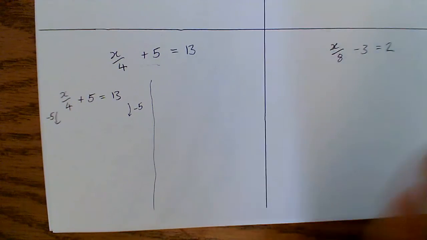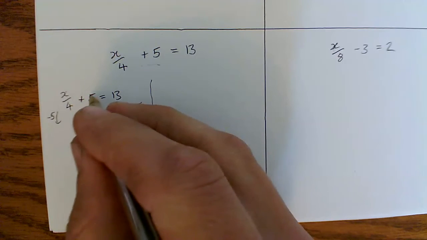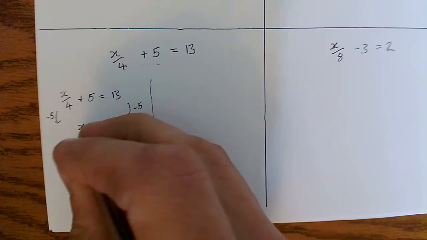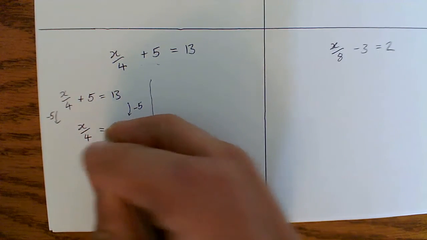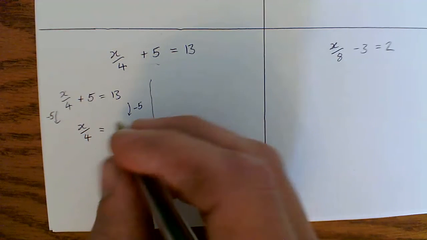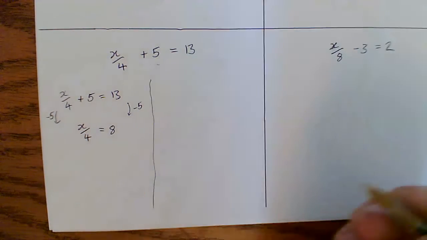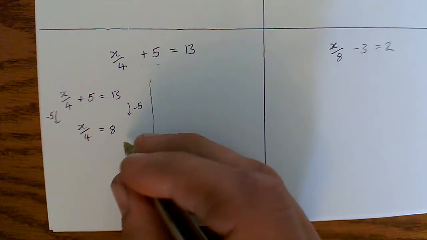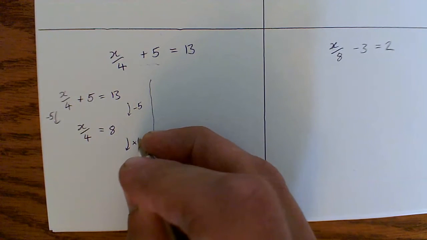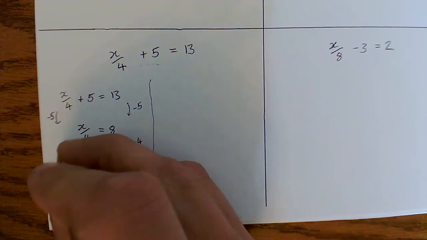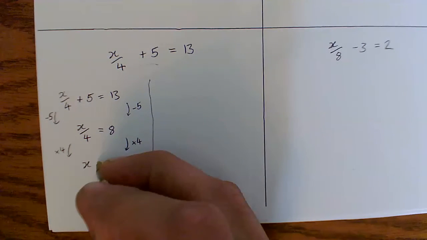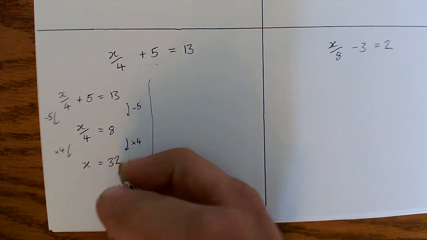That's this taking away the 5 here leaves us with x over 4 equals, and 13 take away the 5 is 8. Now we deal with that divide by 4 by timesing by 4. And that leaves us with x equals 32.